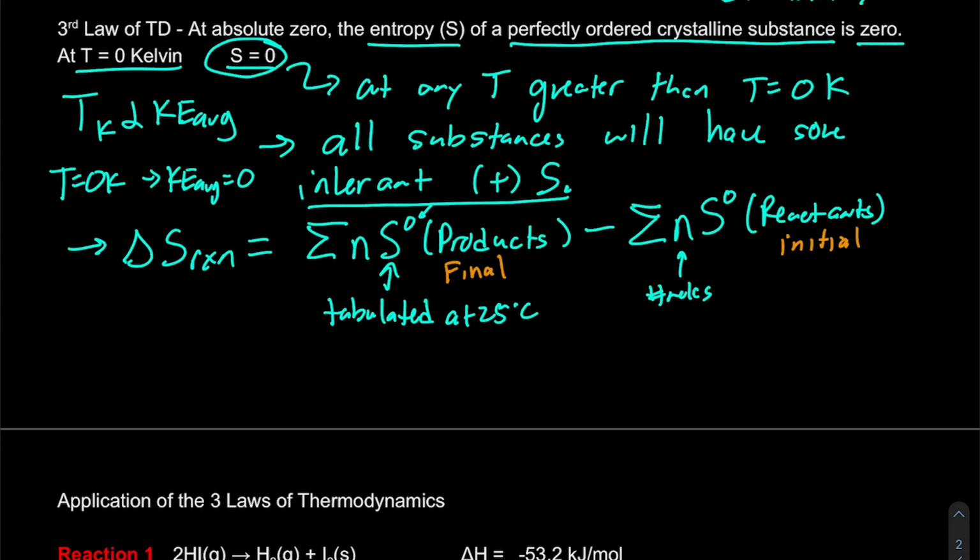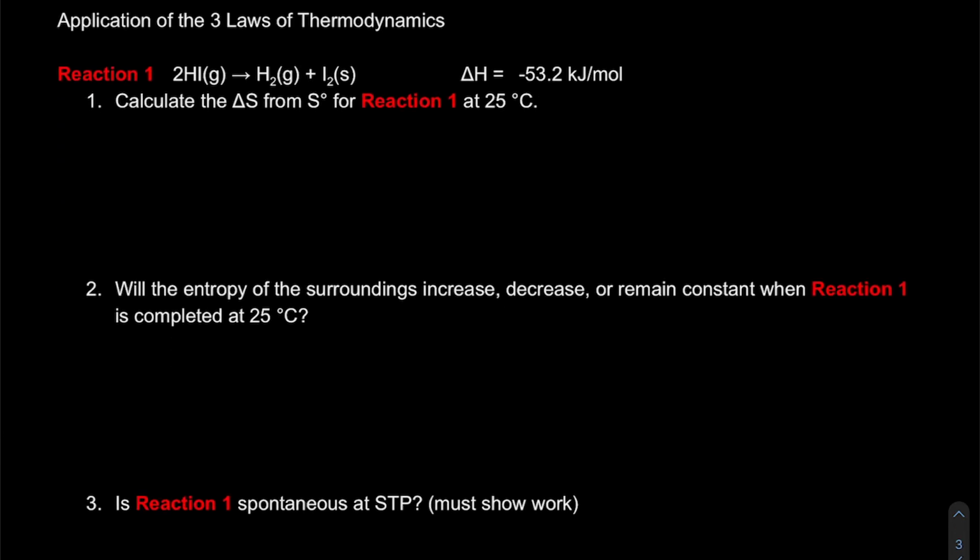We're going to look at an application of this one and the second law of thermodynamics together. Now that we have these three laws of thermodynamics, let's see how we can apply them. First, we're going to answer some questions based upon this reaction. We have 2 moles of hydrogen iodide gas producing 1 mole of hydrogen gas and 1 mole of iodine solid.